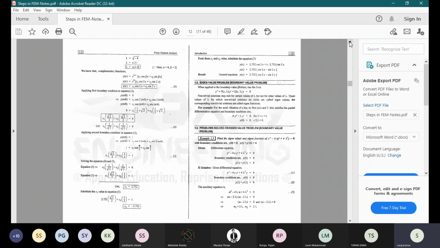Since lambda is already mentioned as a constant in the eigenvalue problems, we have to use another symbol m to identify the unknown or the dependent variable. So we'll have a question for that.